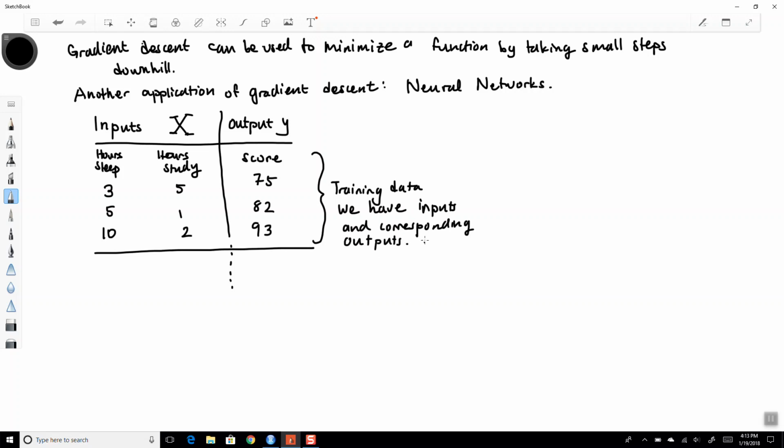We will use this to, quote, train our network, to get a network that performs well. Because we have the outputs, we would call this supervised learning, because the output values for training cases are known.